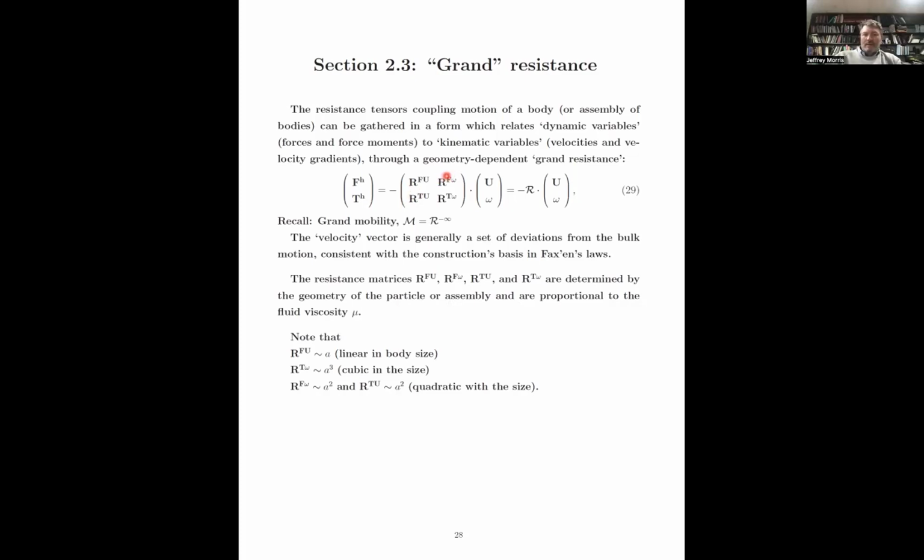So this then would be the grand resistance, and there's a mobility which can be obtained by the inversion. So the minus infinity here is a typo. It shouldn't be there. Sorry about that.